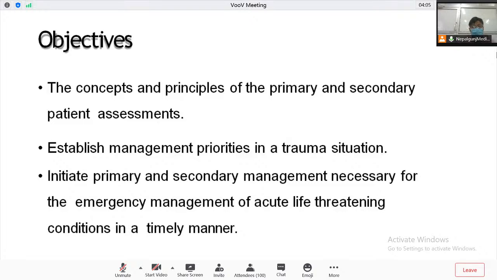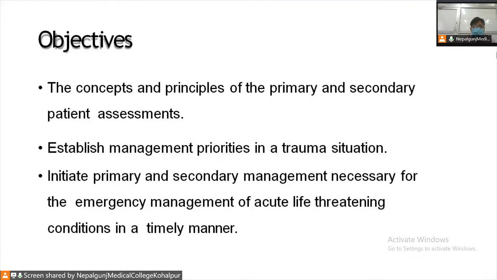So it involves the concept and principle of the primary and secondary patient assessments, and we should establish the priorities in management in trauma situation, because in trauma situation we cannot treat a patient as a whole at that time. So what we need to do is prioritize. Like in case of life-threatening condition, we need to treat airway, breathing, circulation. Then only we can go for the other conditions.